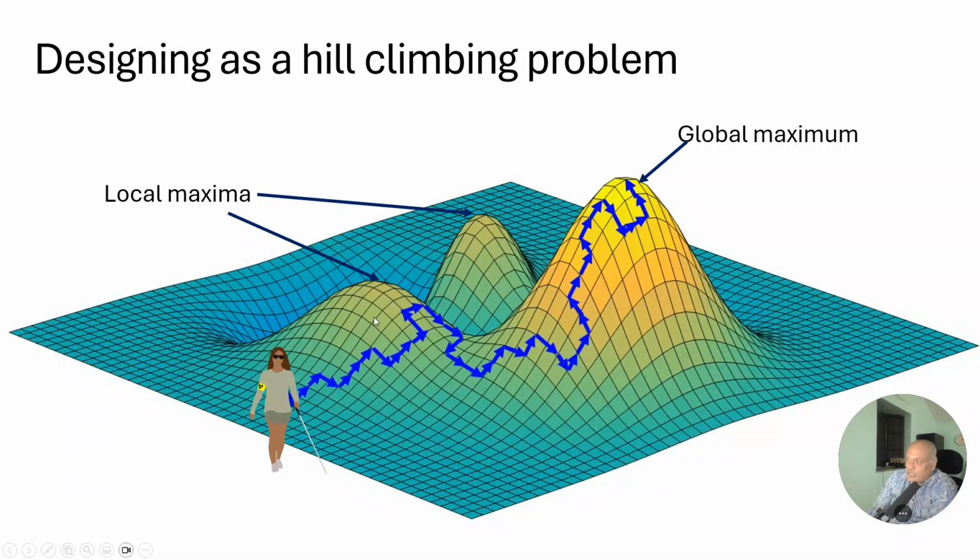Now, by her bad luck, she may have ended up on this peak. How will she know whether this is really the biggest maximum she has to reach? She won't, right? We are observing from outside, we are not blind. We are looking at the blind lady, and we can see that if she gets stuck here, she will think she has reached the peak, but actually she has not reached the global maximum.